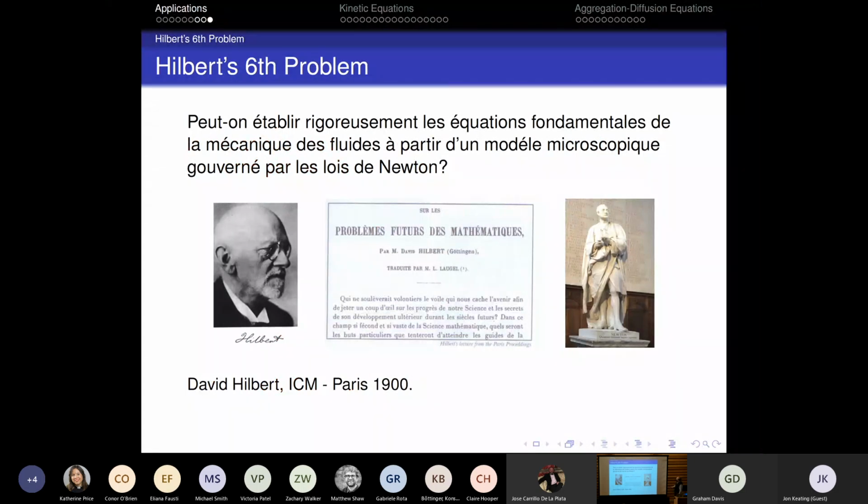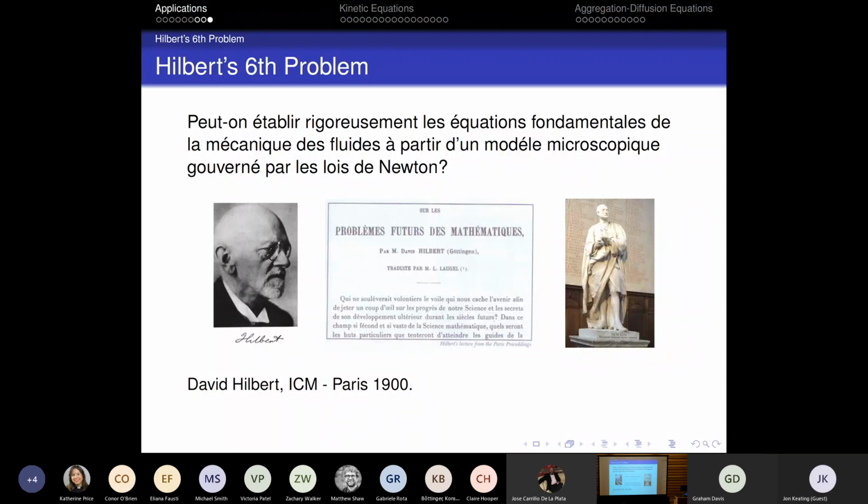But let me just mention that this kind of modeling comes from a very basic question that the famous German mathematician Hilbert posed already in the first International Congress of Mathematicians in Paris in 1900. He was asking, how can you obtain the fundamental equations of fluid mechanics from basic Newton's law?